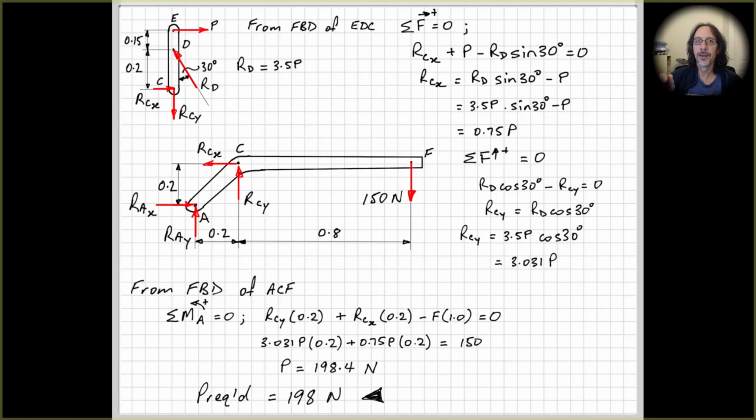Okay, so different free body diagrams, different set of equations of equilibrium, but diligently, carefully applying the equations of equilibrium, the engineering mechanics process, drawing good, neat, clear free body diagrams enables me to find the right answer and also gives me a check on my calculations that I did previously.